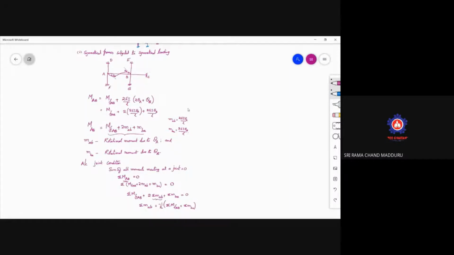Substituting the MAB value, you will get the rotational moment of theta A, which is equal to minus 1 by 2 into sigma MFAB plus sigma MBA. This small sigma MBA represents the rotational moment of theta B.